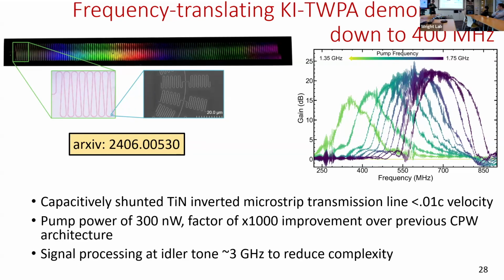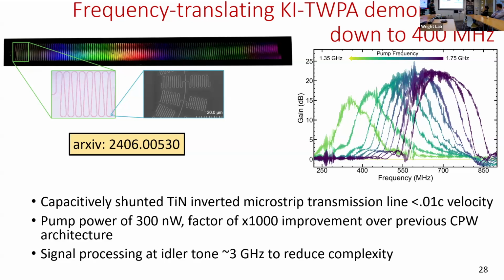What this allows you to do is get a lot of wavelengths on a smaller chip, because the gain of the parametric amplifier medium here is essentially proportional to the number of wavelengths of travel. So this is what allows this technology to get down to, in this case, 400 megahertz.